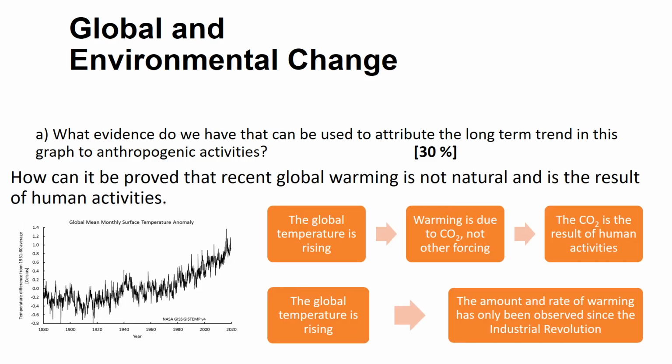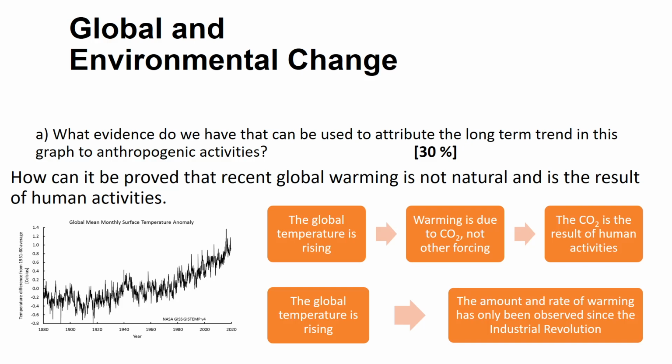Okay. So what are the logical arguments that we can use to prove that recent global warming is not natural and we did it? The observation in both of these lines of argument is that the global temperature is rising. That's shown in the graph and is pretty incontrovertible.